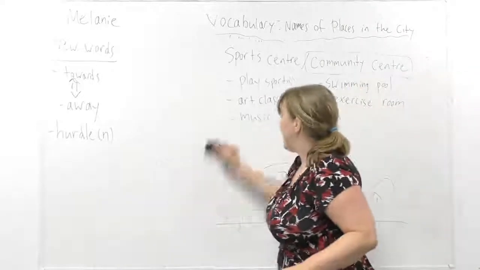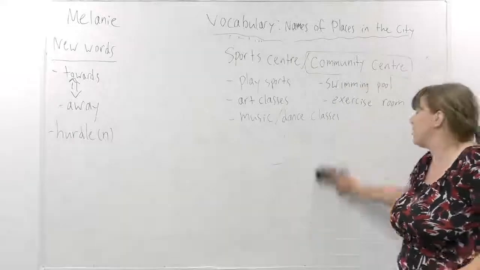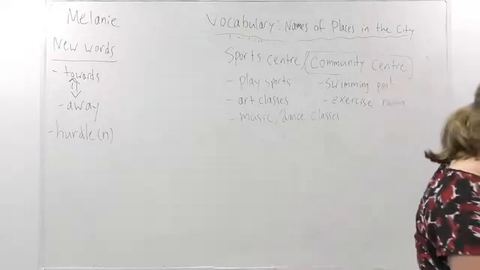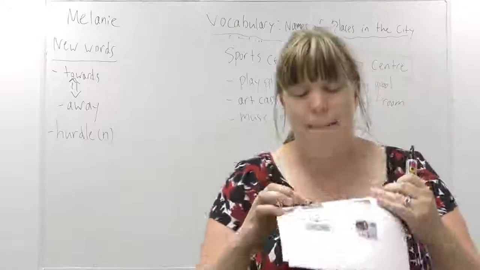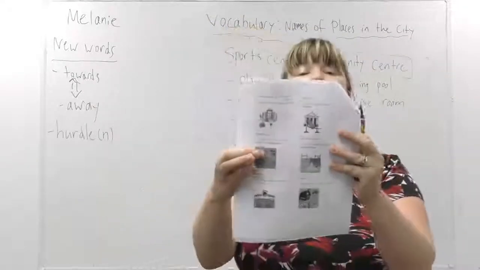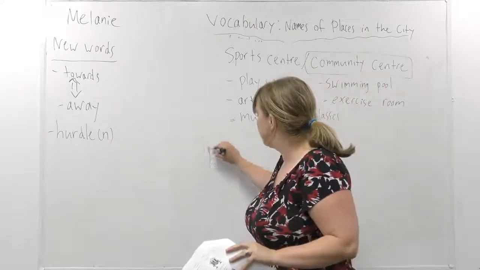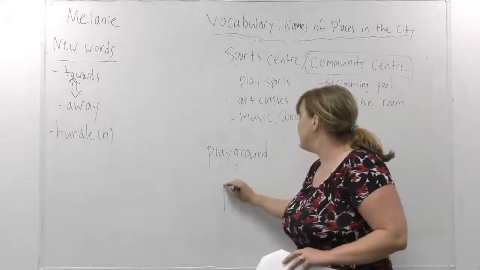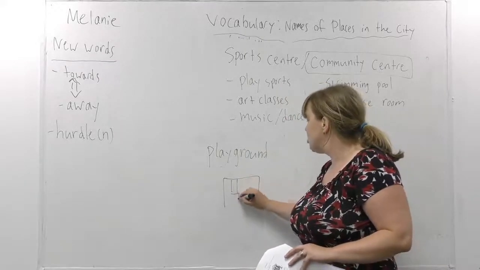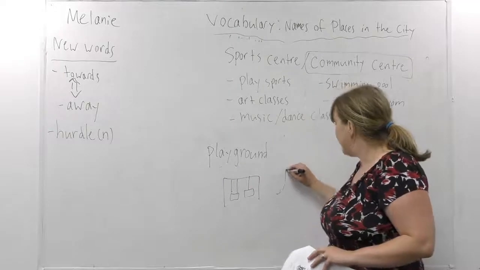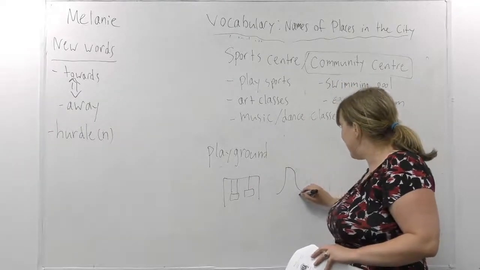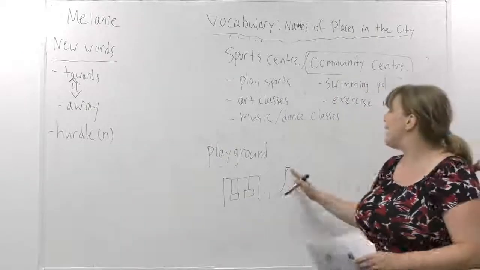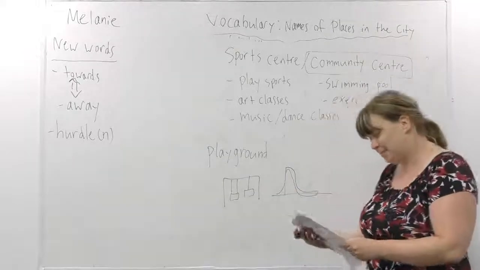Playground. Okay, a playground is like a smaller, more boring version of an amusement park, I suppose. So this is a rather tiny picture. It's hard to see. But on the playground, often you're going to have swing sets. Maybe you're going to have a slide. And so that is a playground.